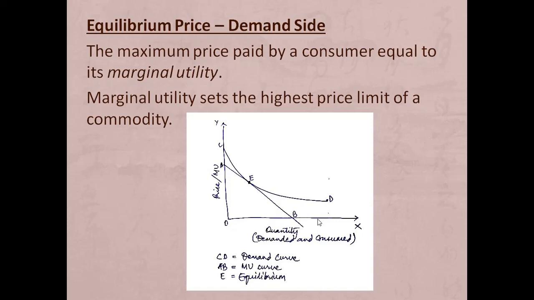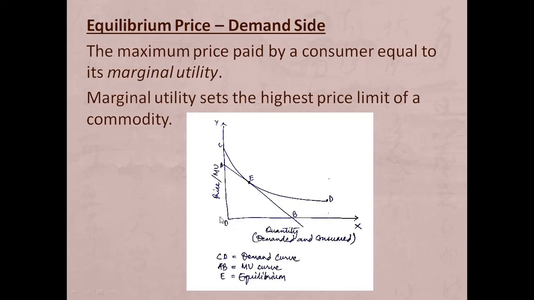But remember, to understand the concept of equilibrium price, we have to refer to marginal utility, the marginal utility of a commodity. The maximum price paid by a consumer equates to marginal utility, and this marginal utility sets the maximum limit for a commodity. So this is the condition.